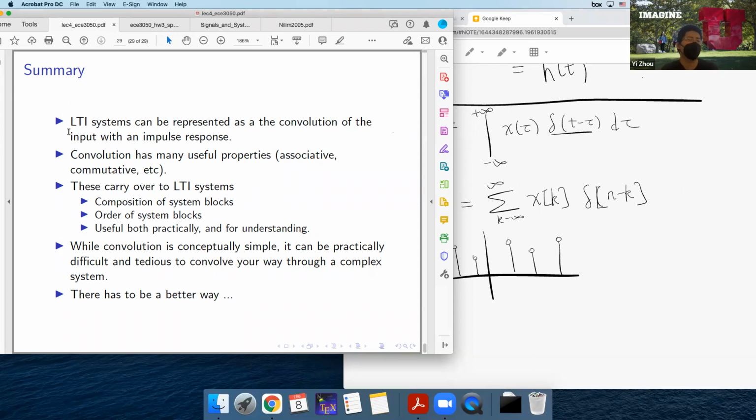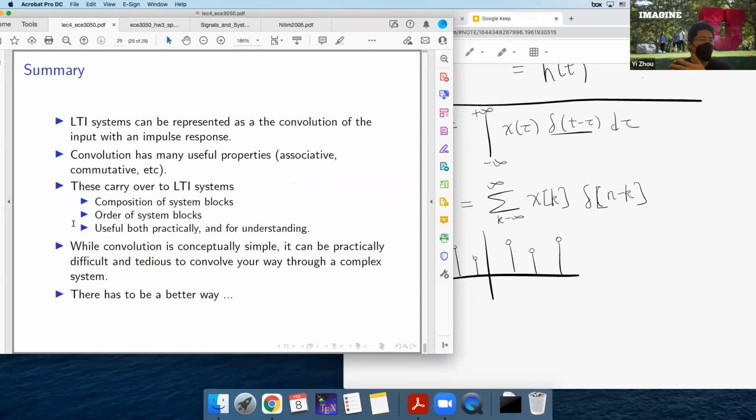That's a very nice property. We just need to know the impulse response of the system. And the convolution is a very basic operator that has many properties similar to the multiplication in the number system. And we have shown how to leverage this impulse response to understand the fundamental properties of LTI systems, like stability, causality, invertibility, and so on.